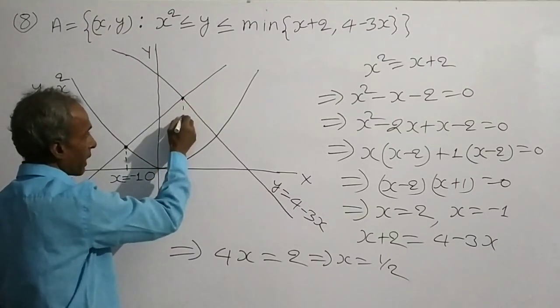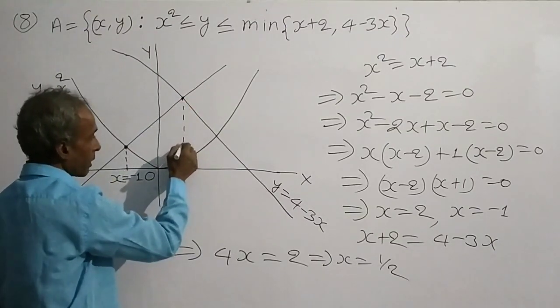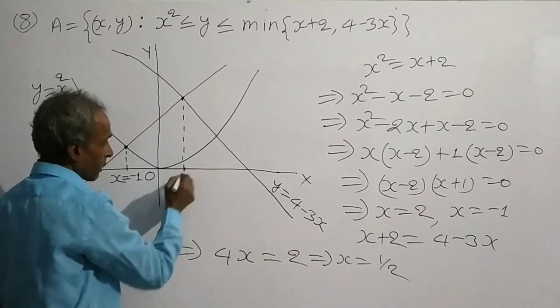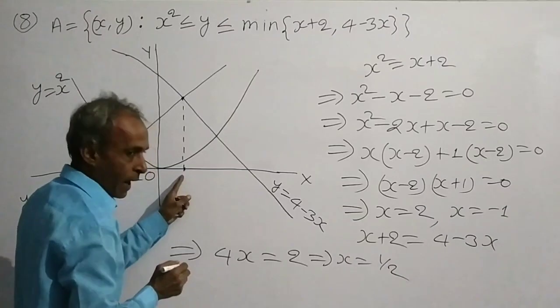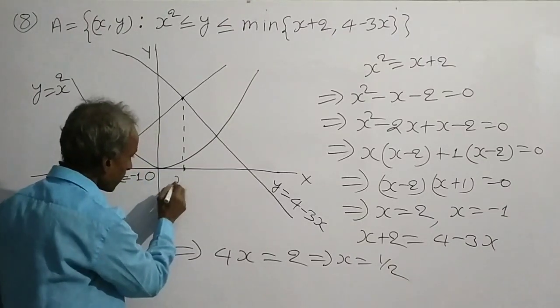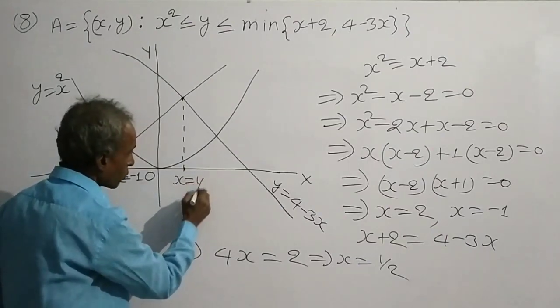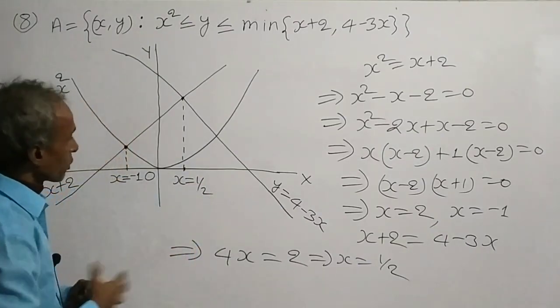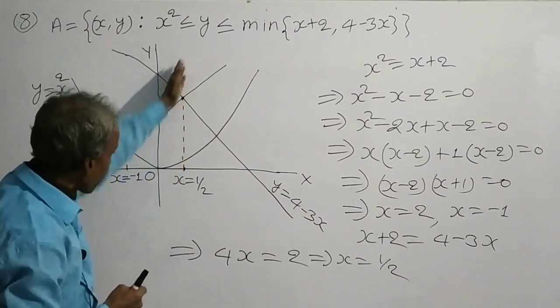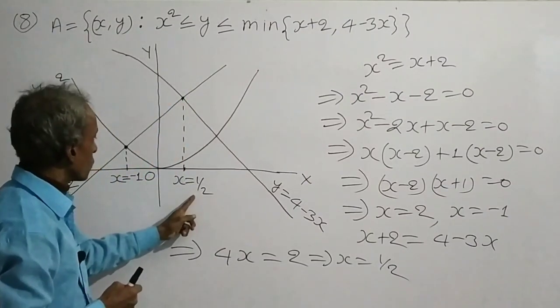Drawing a perpendicular on the x-axis, the x coordinate of this point will be 1 by 2. Actually, the x coordinate of all the points on this dotted line will be 1 by 2.